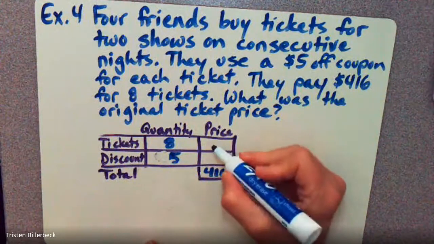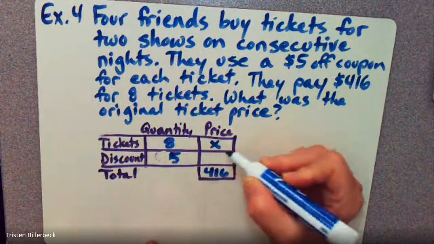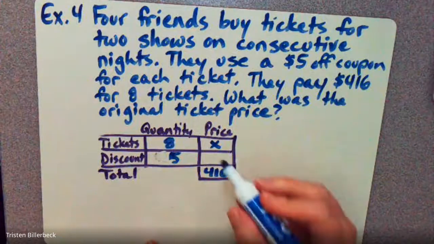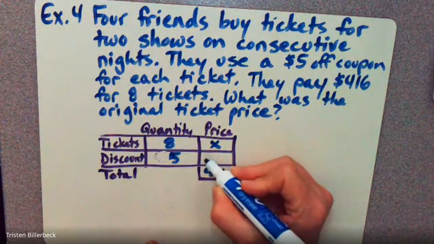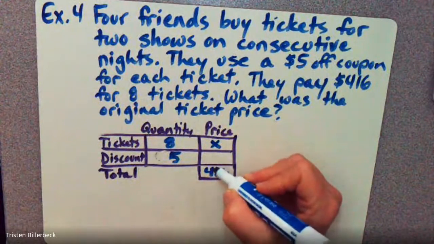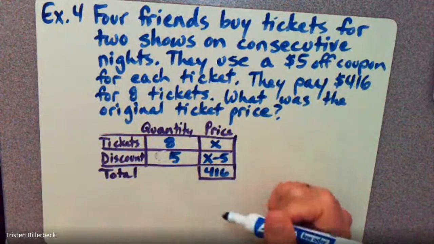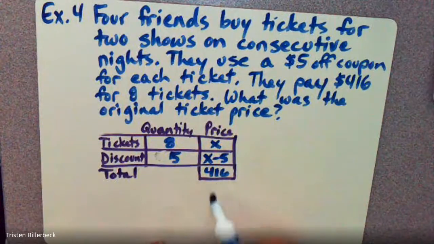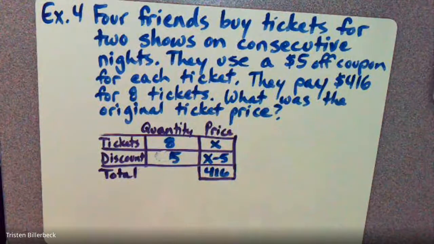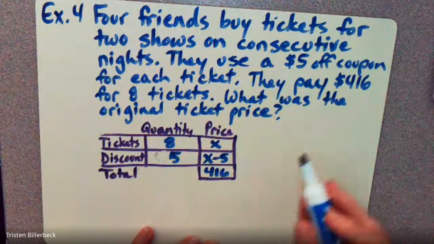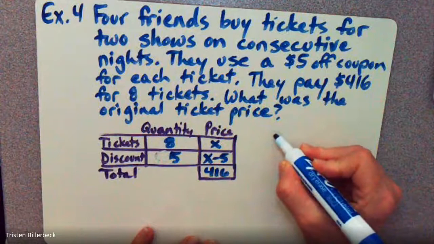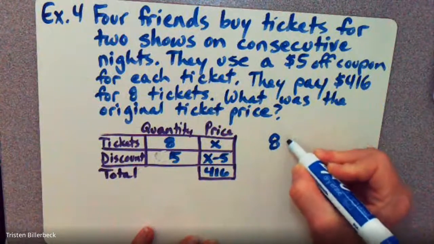So we don't know the price of the ticket. And we know that they did pay, so they paid x minus $5. And they paid $416 with their discount. So we want to find the original price of the ticket. So we know we have 8 people, 8 tickets.